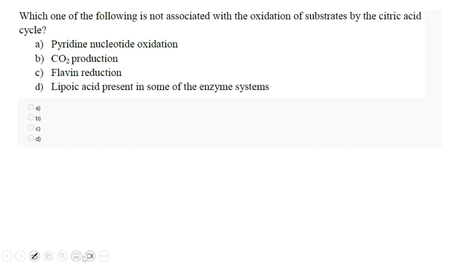Flavin reduction. So pyridine-nucleotide oxidation is not associated with the Krebs cycle. Okay.